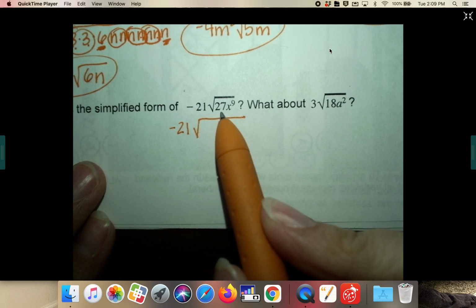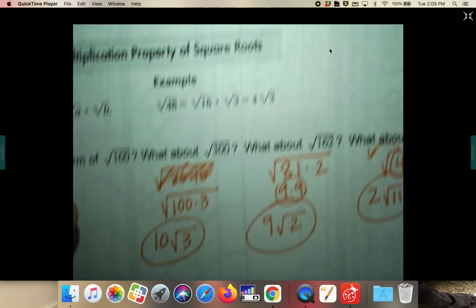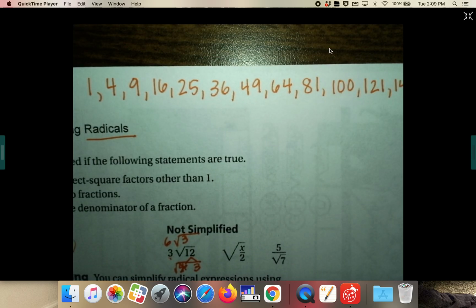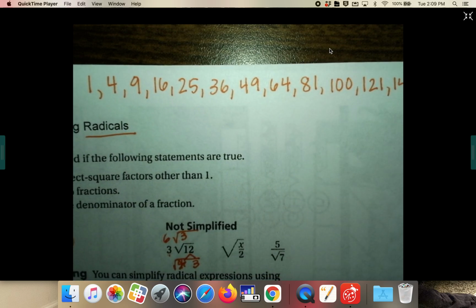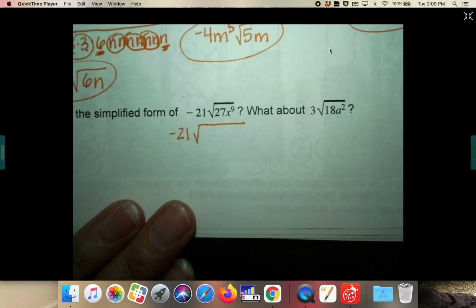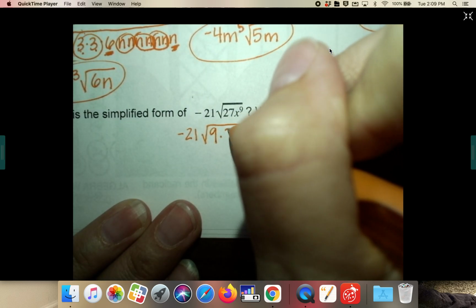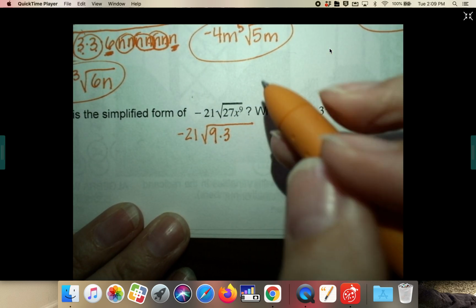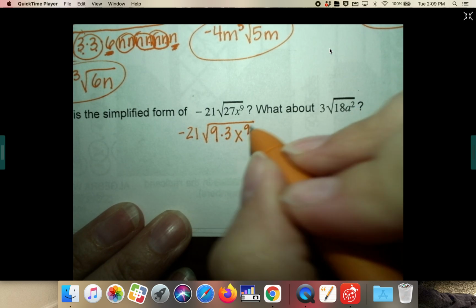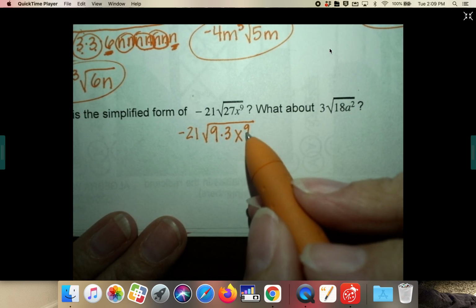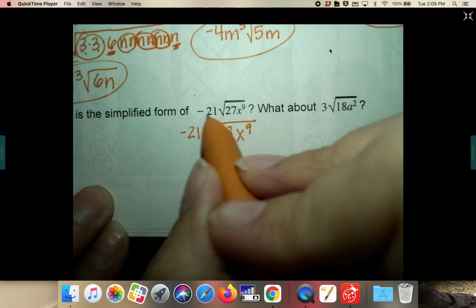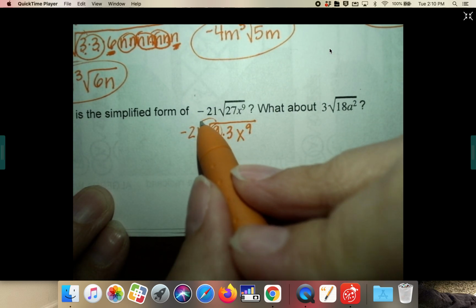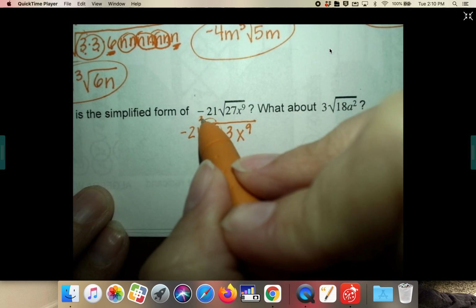What numbers, when multiplied, equal 27? I think 9 times 3 is 27. So I'm going to have 9 times 3, and then I have 9 x's. Hopefully you know that every partner group that we can pull out means divide by 2. So what I'm going to do first is I'm going to pull out the 9's square root, which is 3.